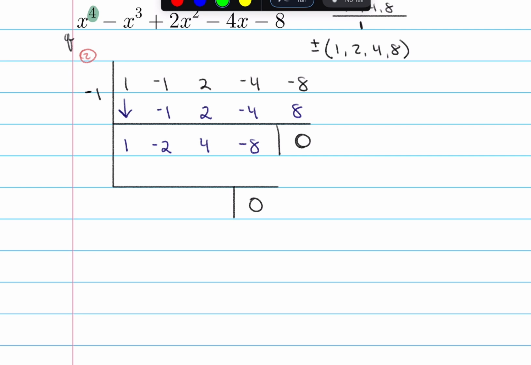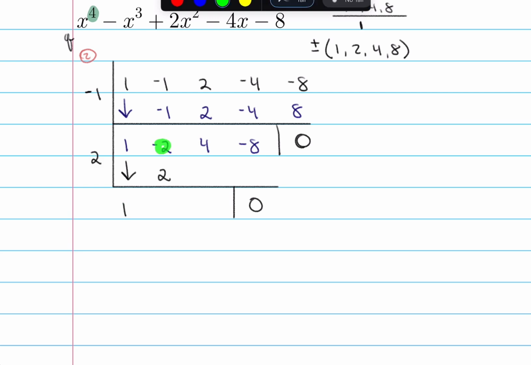Okay. So I'm going to again go back to my calculator, and I am going to find another one, and I get 2. Okay, follow the process again. So pull down my first one, I have a 1, and 1 times 2 is 2.